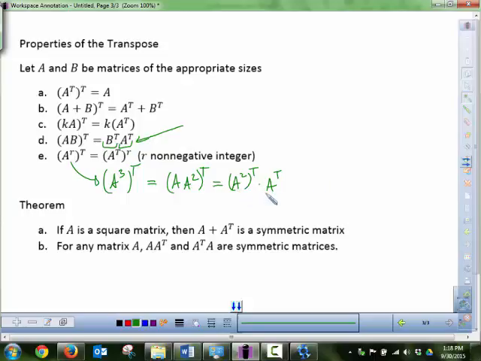But since A and A squared is just A times A, you can just use this property here. So this is A times A transpose, which is equal to A transpose times A transpose. So this is essentially A transpose times A transpose times A transpose, which is A transpose multiplied by itself 3 times.